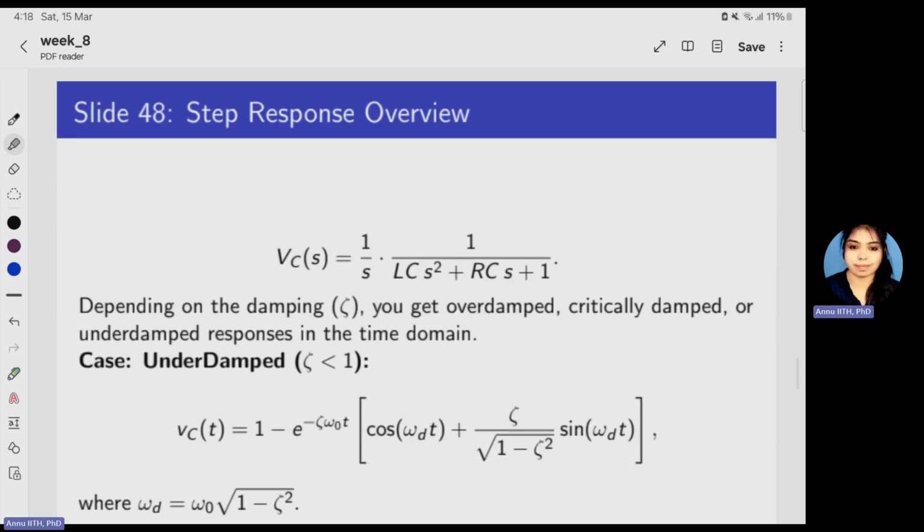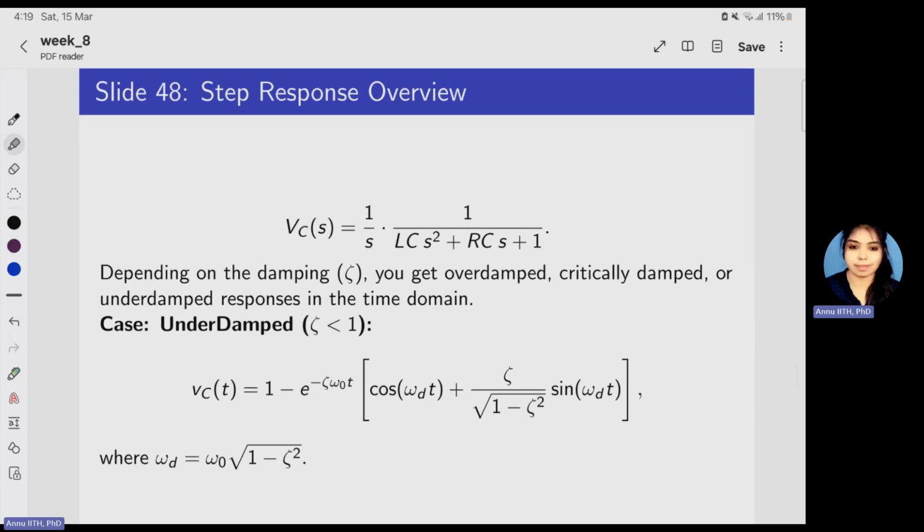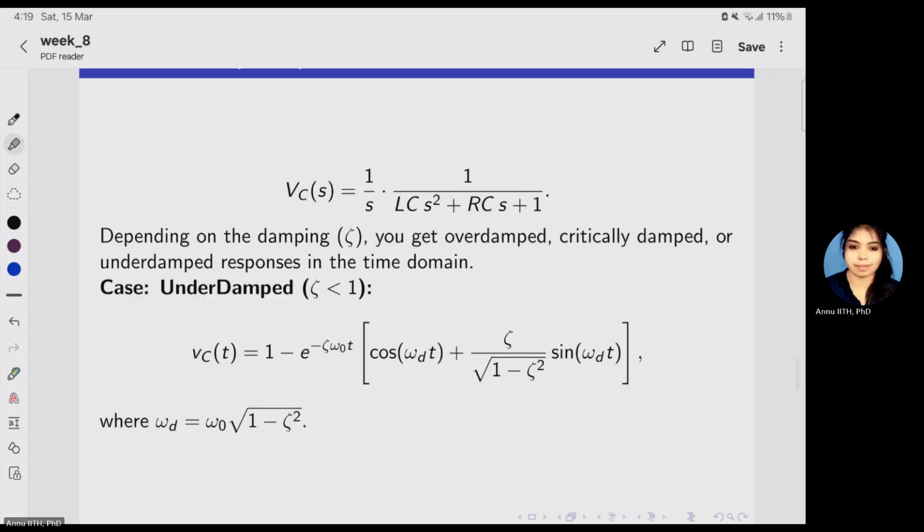And giving you the overview, the step response overview. It's actually very, very important for you to understand. Depending on the damping, you will get the overdamped, critically damped, and underdamped responses in the time domain. So underdamped, where theta is less than 1, and omega d is equal to omega naught root over 1 minus theta square.